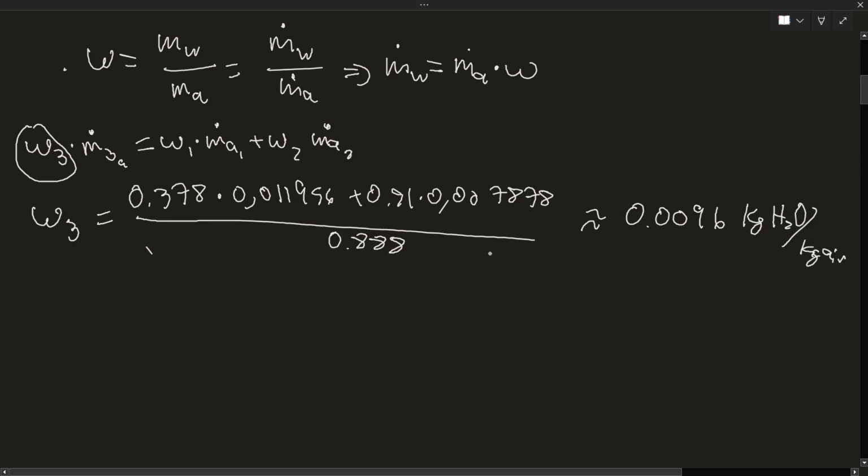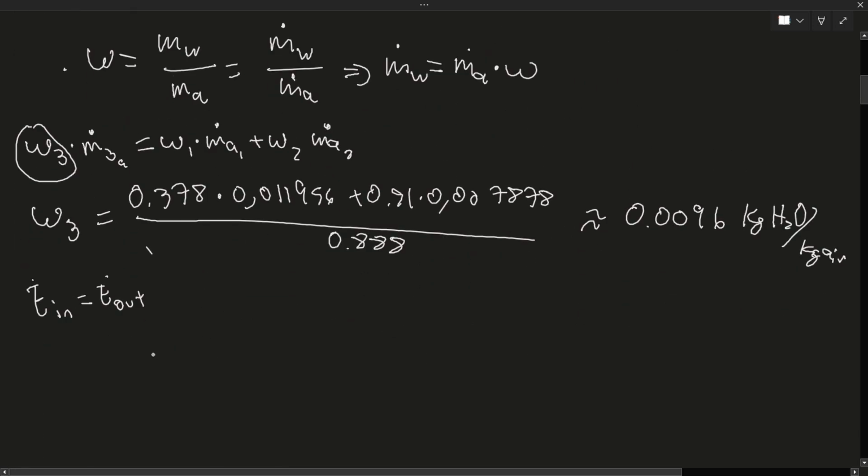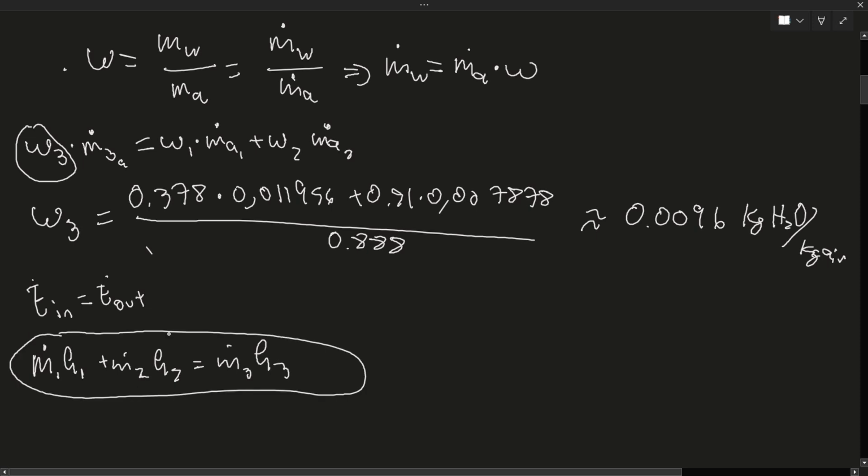All right. Next. We know that there's no energy being exchanged or lost when these two streams are combining, okay? So we know that the energy from the first stream plus the energy of the second stream is equal to the combination of both. We have all of these values except for H3, okay?